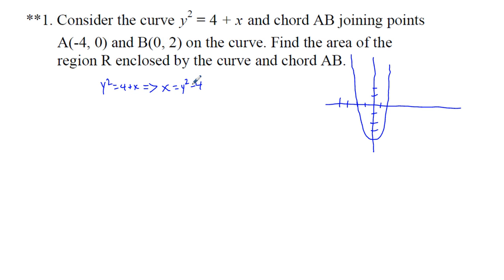But x equals y squared minus 4 is, we take this curve right here and we turn that curve sideways, and so that sideways curve is going to look like this. I realize that it's a little bit off here.